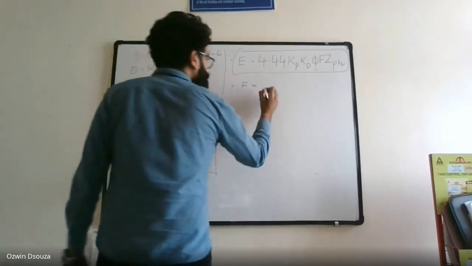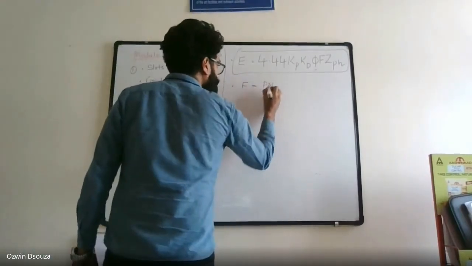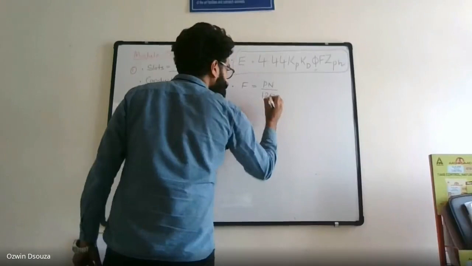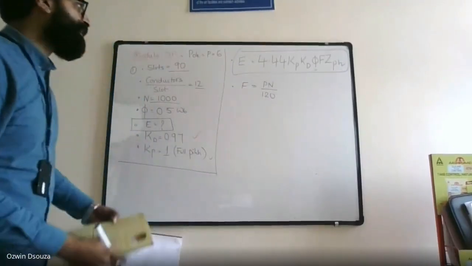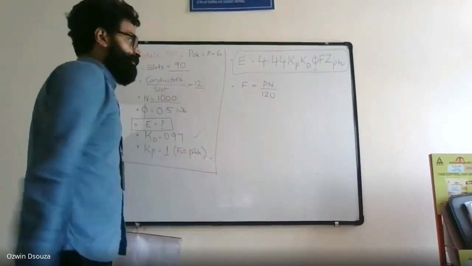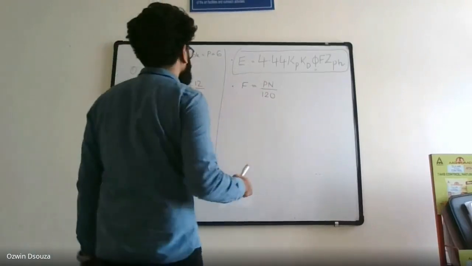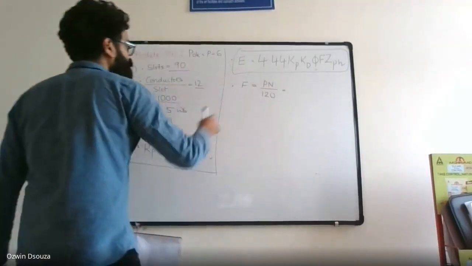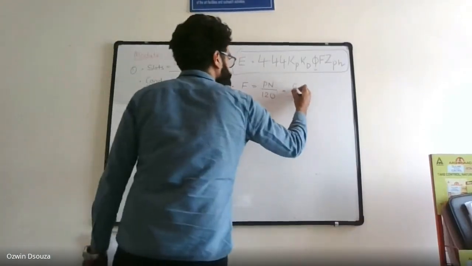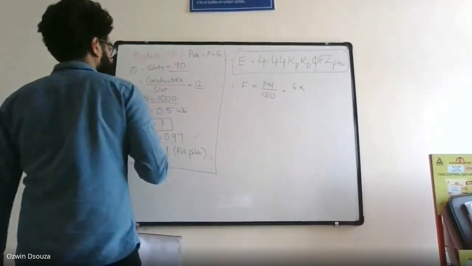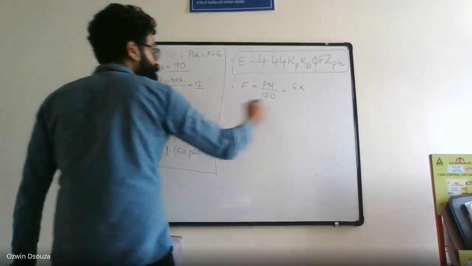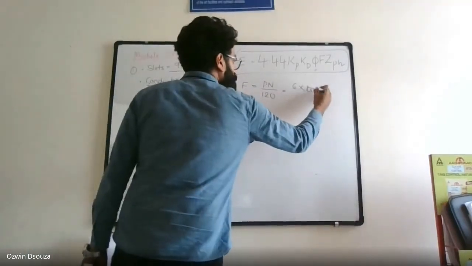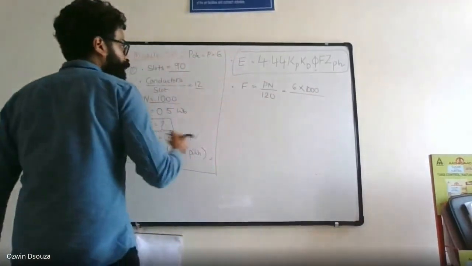Okay. So frequency can be found using the formula Pn by 120. We have derived this formula, right, in lecture 2 of module 5. So Pn by 120, where P is the number of poles and N is the speed of alternator, 1000, divided by 120.